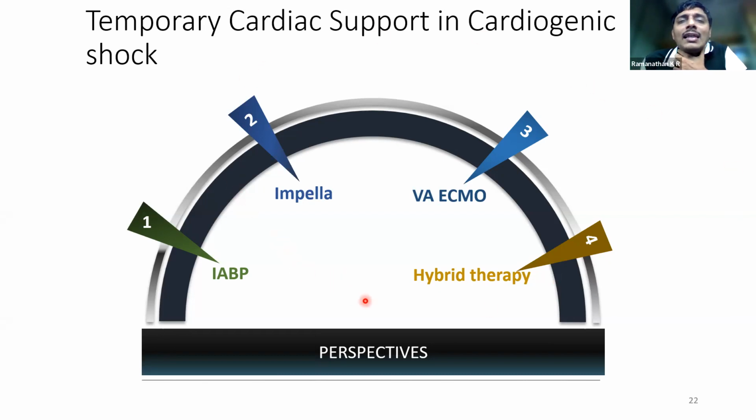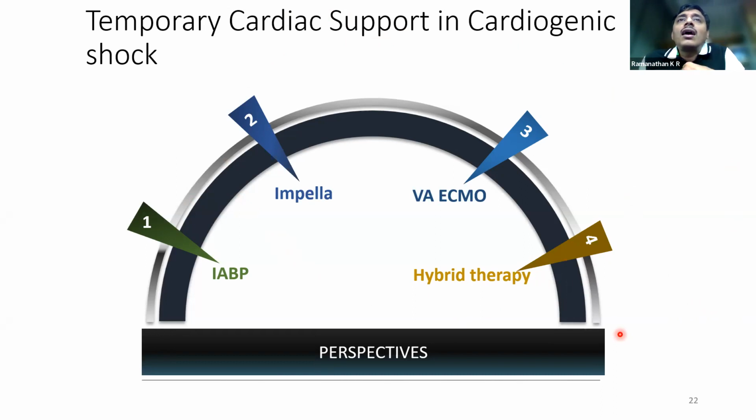These are advanced cardiac support devices that can be offered in tertiary or quaternary centers, and that can support the heart in cardiogenic shock. Again, the impact of each of these devices is quite variable.